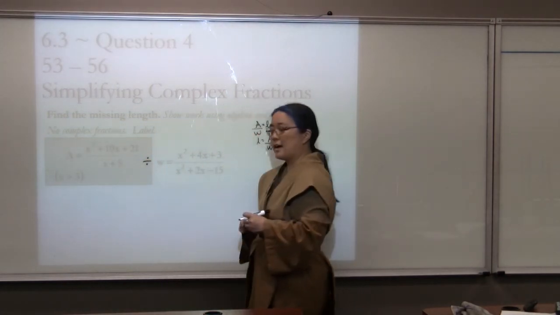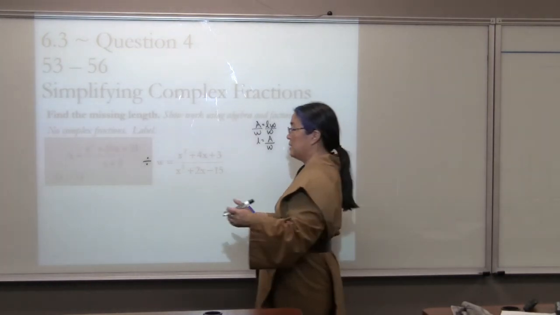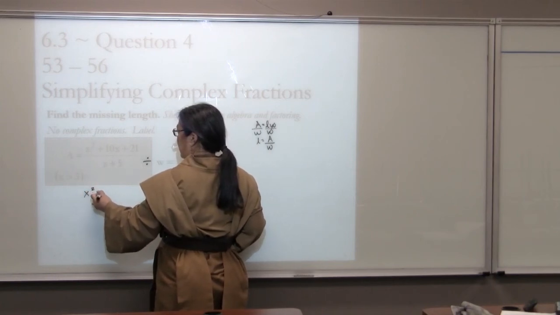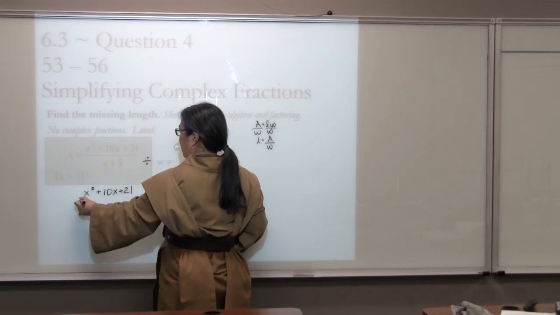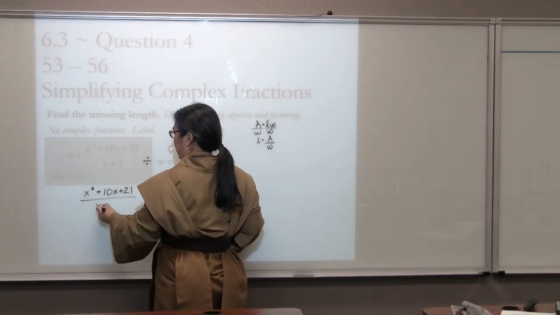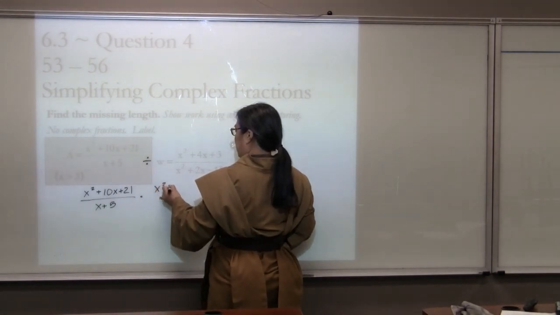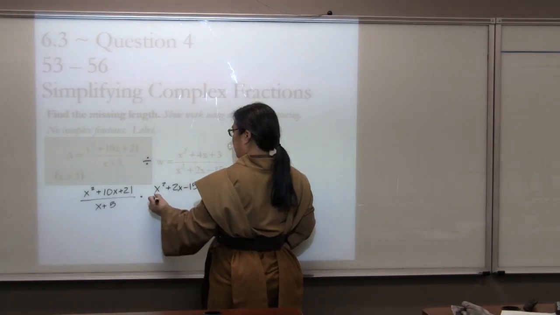You'll notice that that actually looks almost exactly like something from back in 6.1. To divide fractions, we're going to copy dot flip. We're going to take this times this.